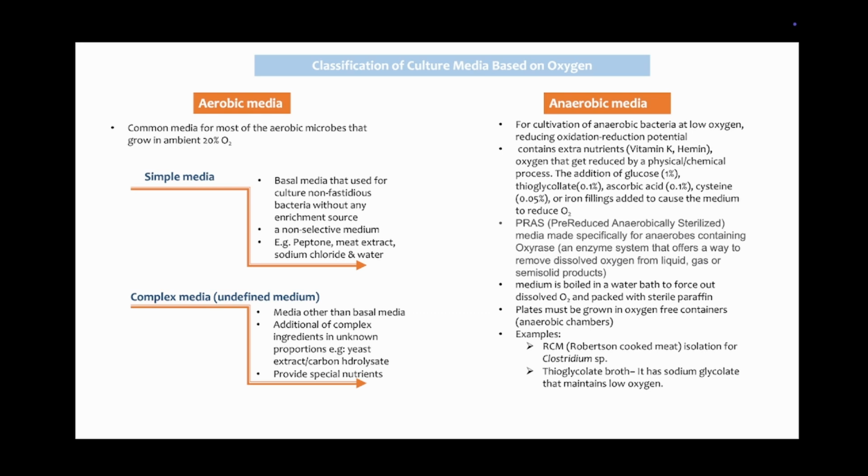This will cause the media to reduce the oxygen. So sometimes if you want, you can do this. You boil the media to force out the dissolved oxygen, and then you add a layer of oil on top to prevent oxygen from entering.